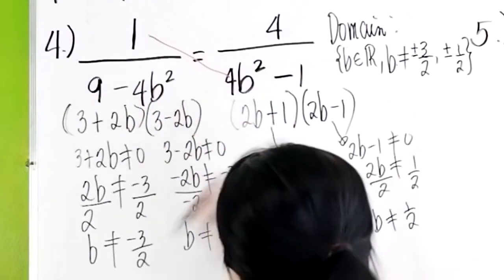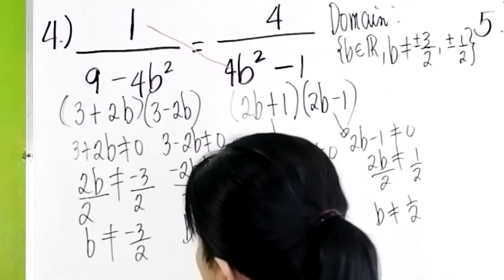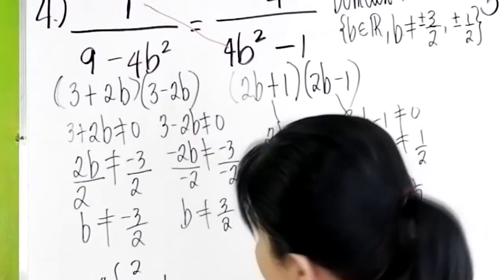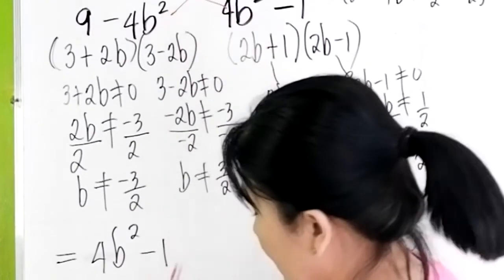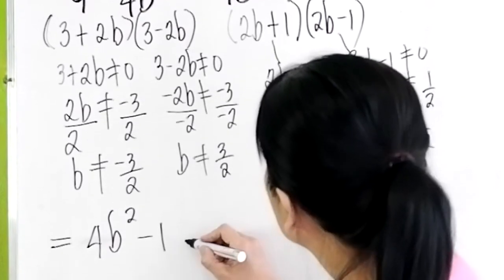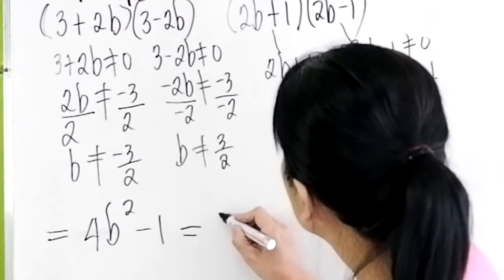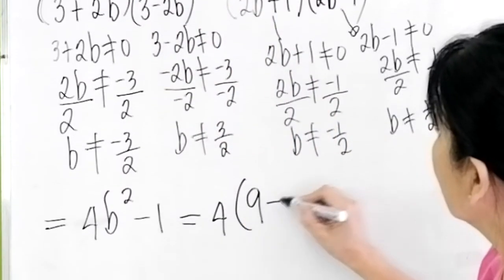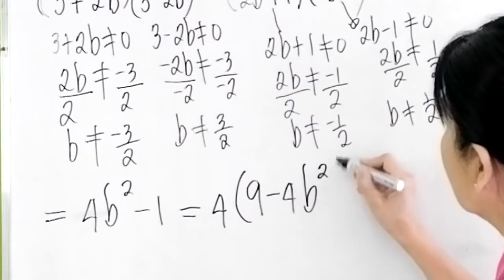There, it will give you 1 times 4b squared minus 1 is 4b squared minus 1. Also, multiply this and this. So you have here 4 times the quantity, 9 minus 4b squared.